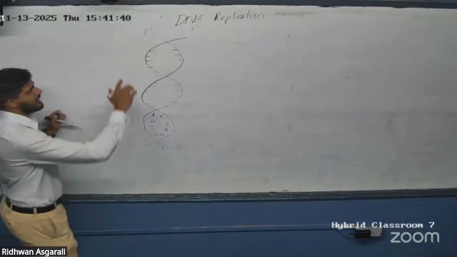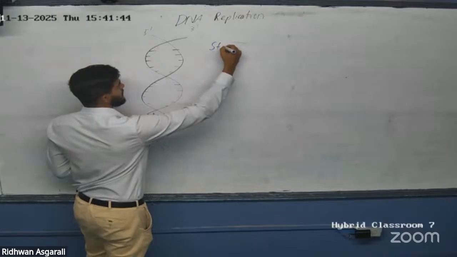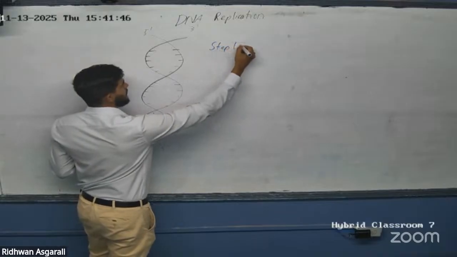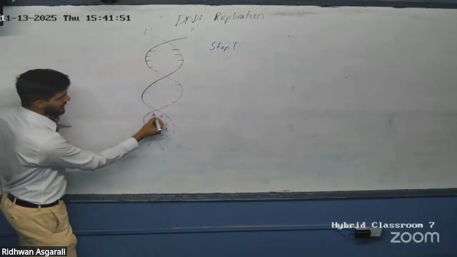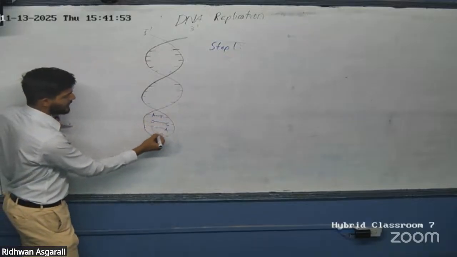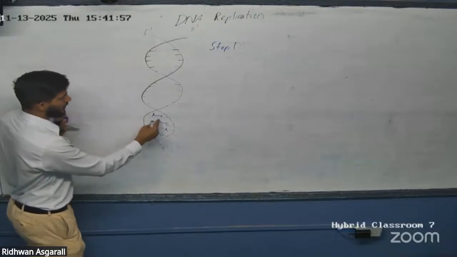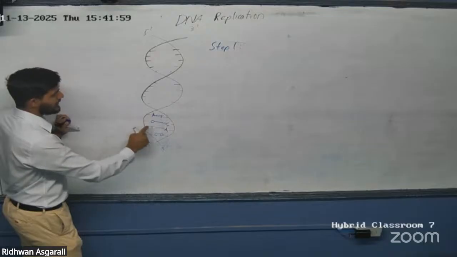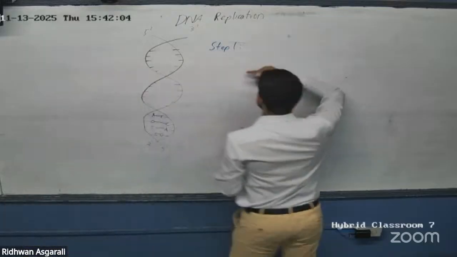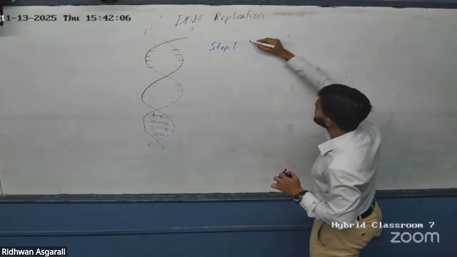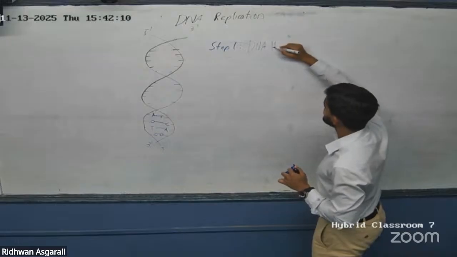Now, in DNA replication, the first step, Step 1, you want this DNA to unwind. So these bases, remember, they form hydrogen bonds between each other. That's what this helix includes. You want to break those hydrogen bonds so the DNA strand will open. So what happens? A special enzyme called DNA helicase will be used.